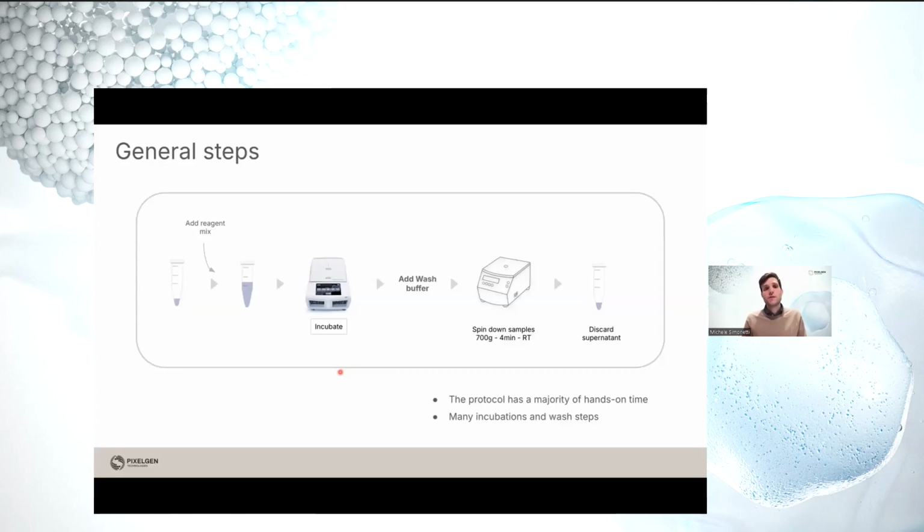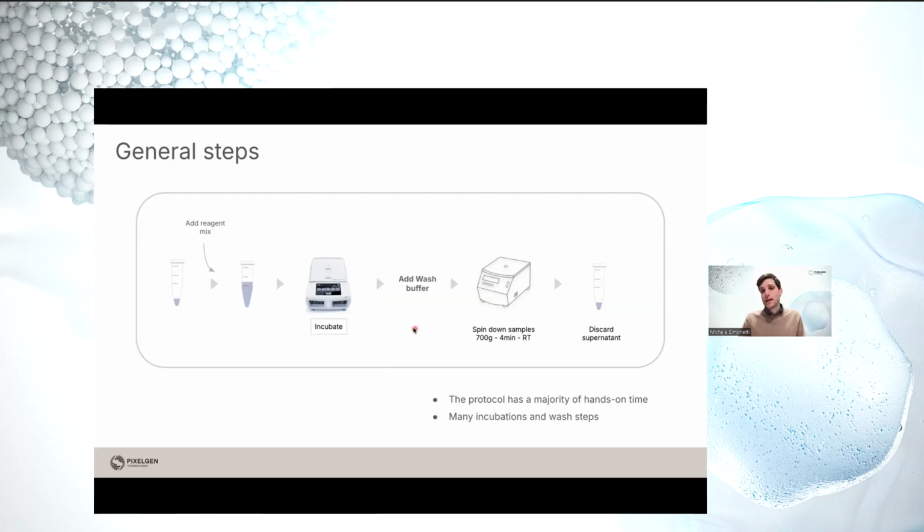So the beauty of the protocol, and these are the general steps, is that there is no specialized equipment required. The protocol has a majority of hands-on time. Most of the time, the cells will be pelleted in your PCR tube. You will be adding reagent mix, resuspending the cells, and incubating in a standard thermocycler.